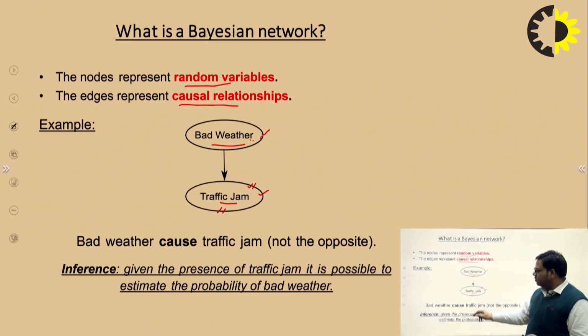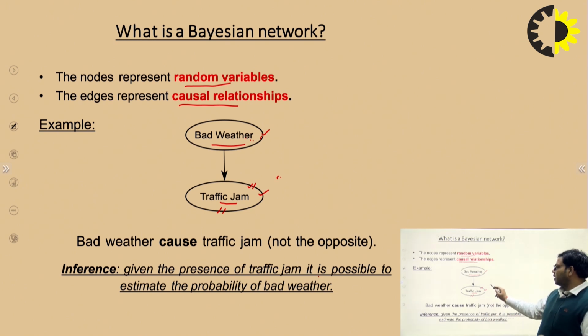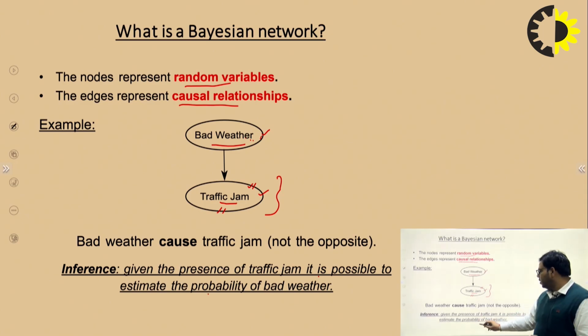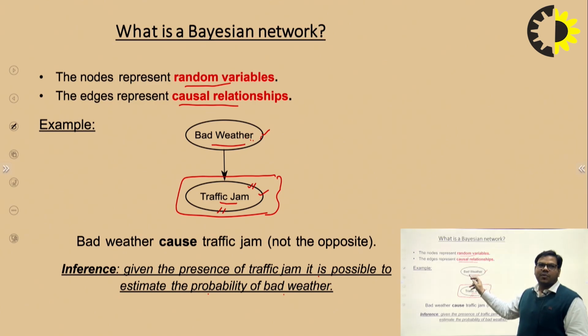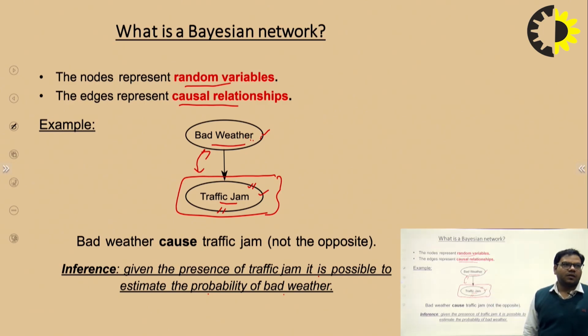So what I can infer, given that there is a traffic jam, is that it is possible to estimate the probability of bad weather, because if there is a traffic jam, which is dependent on wet weather, there are high chances that bad weather caused this. So we can calculate the probability of this. So kind of problems can be analyzed using Bayesian networks.